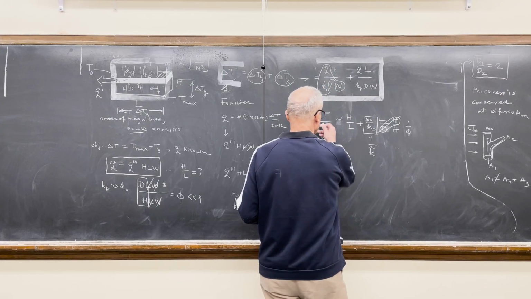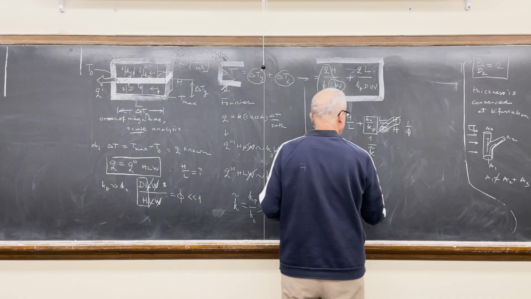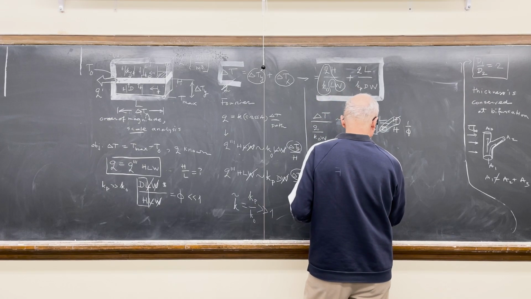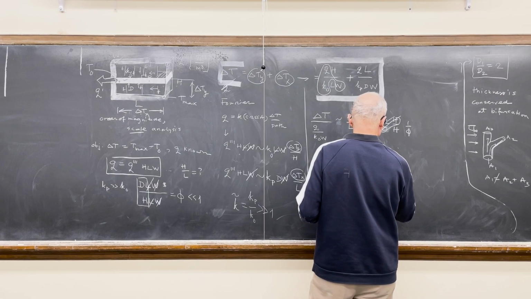In other words, the object of the game is H over L plus this factor 1 over phi K tilde, and then L over H.